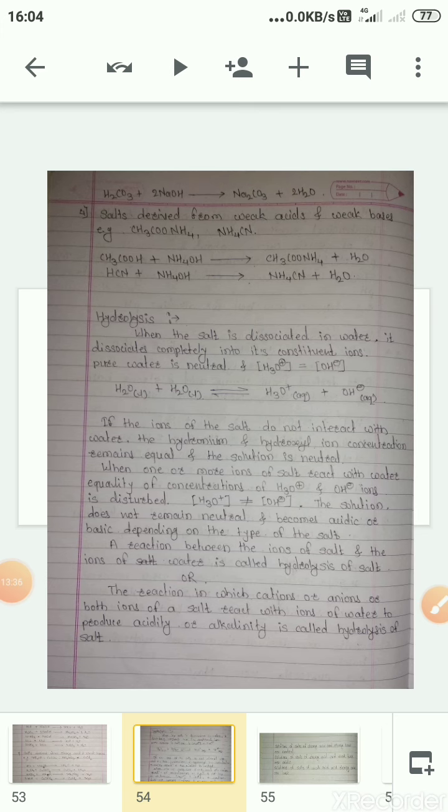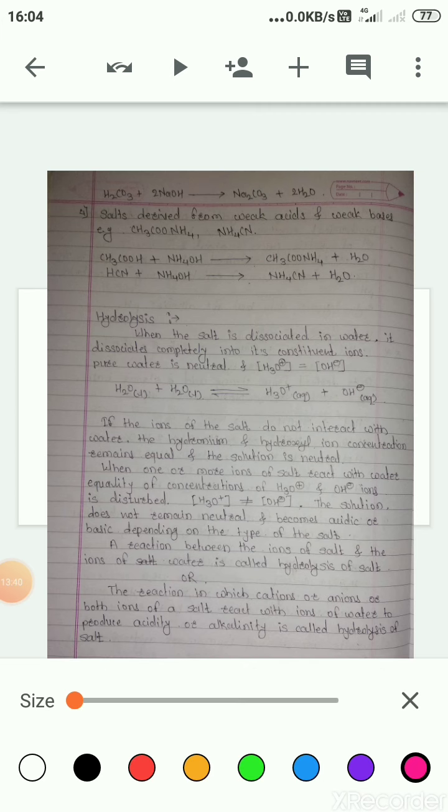Generally in pure water, the concentration of H plus ion and concentration of OH minus ion is equal. But if we have mixed a salt in water, and if the salt does not interact with water, then the concentration of H plus ion and concentration of OH minus ion is equal.